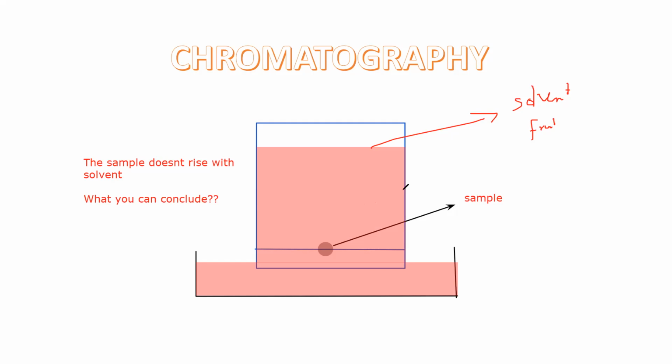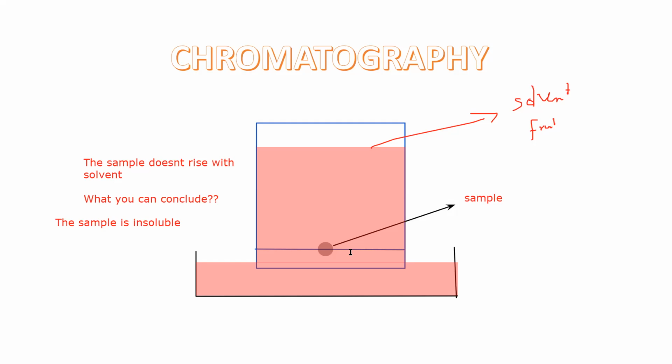So if it does not move from the origin, we can say the sample is insoluble, or the sample does not dissolve in the solvent. Insoluble means that it does not mix with the solvent, so it cannot rise with the solvent. That's why it will remain on the origin.